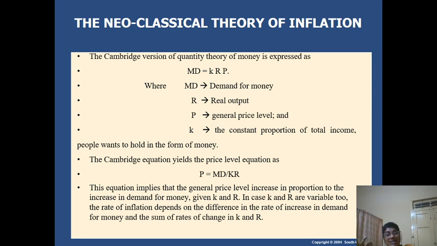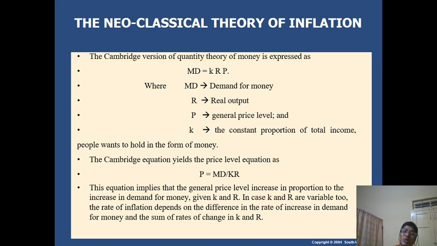So when that increases, price level increases. But when k increases, price level falls. That is the meaning we discussed when we studied the cash balance equation.